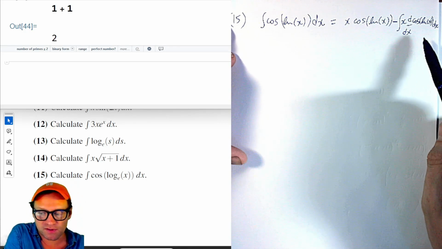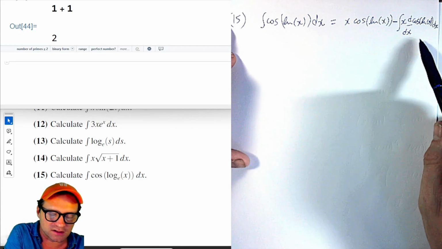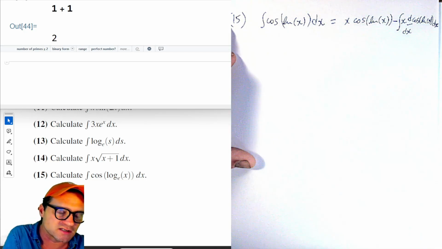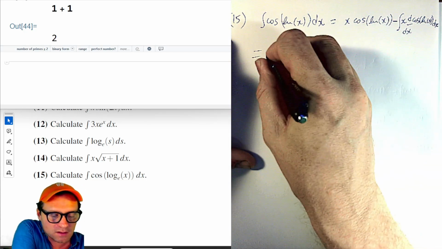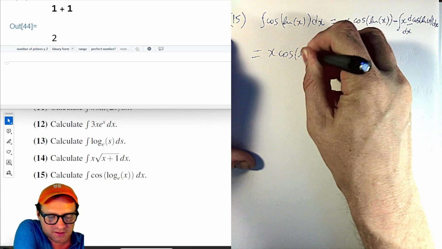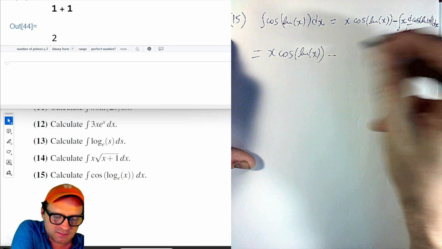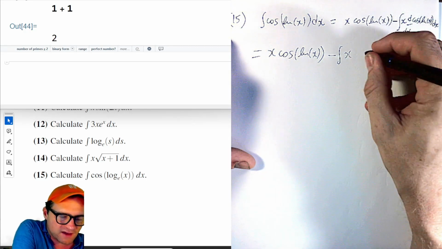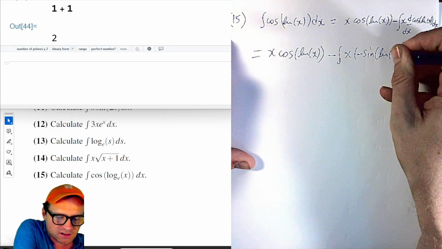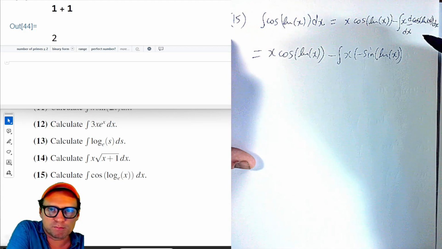Okay, so now let's simplify this by differentiating cos of natural log. Now we need to use the chain rule to do that. The derivative of cos is minus sine. Okay, so I'll first rewrite this, x cos natural log of x. And then differentiating this, we have minus sine of natural log of x times the derivative of that inside function by the chain rule.